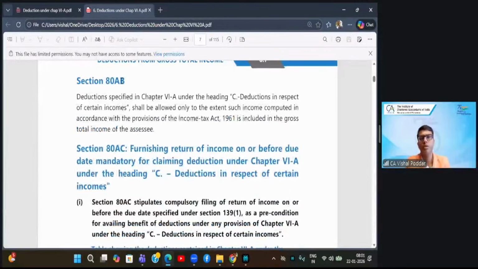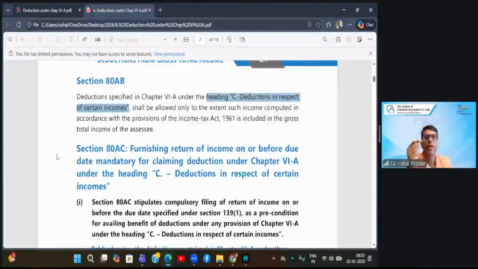Now, what is 80AB? Again, 80AB applies to heading C, that is deductions in respect of certain incomes. Now, we already studied one important condition above, condition number 9, which said that I will allow you deduction only if you have claimed the deduction in your return.